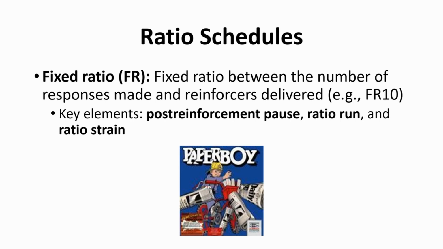Some examples that you might see in the real world would be for every 50 newspapers you hand out, you get $5. Or if individuals work in a garment factory, maybe they're paid per number of garments that they make. A weird example that the textbook uses is the idea of dialing a phone number.